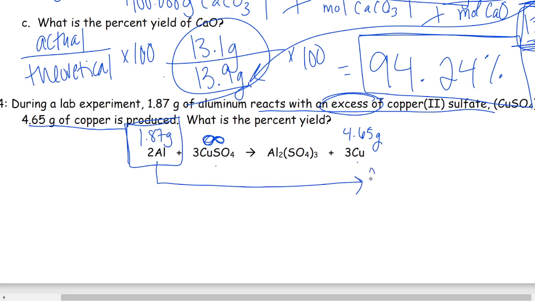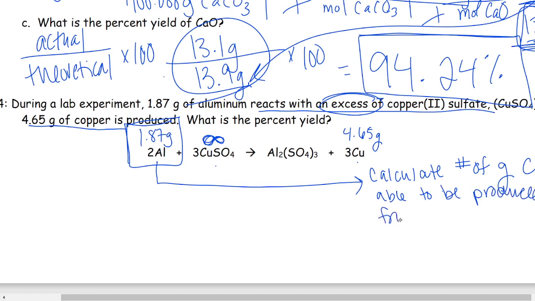So I need to calculate the number of grams of copper able to be produced from 1.87 grams of aluminum. And then that will give you your theoretical yield.